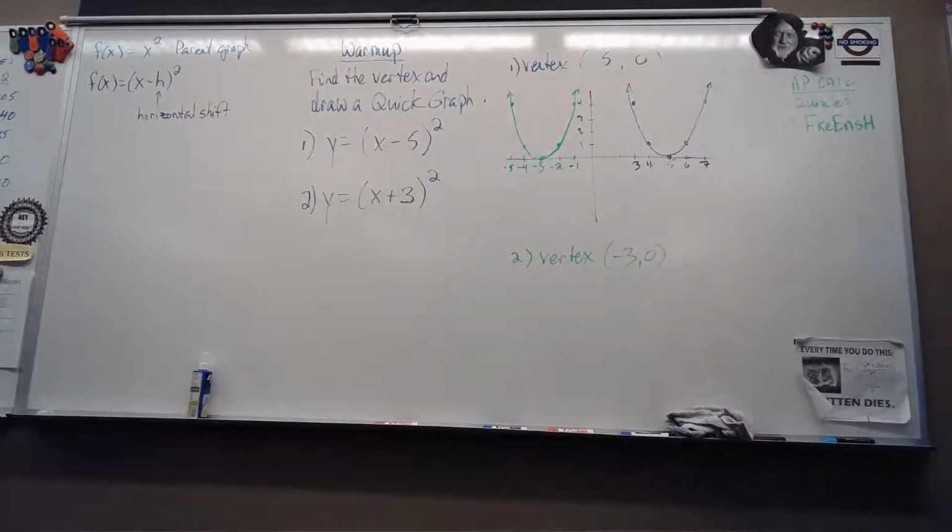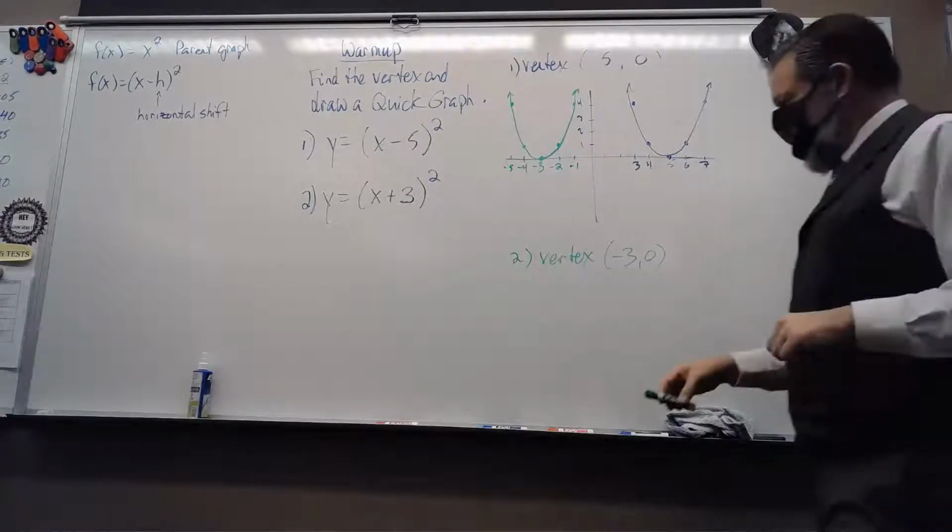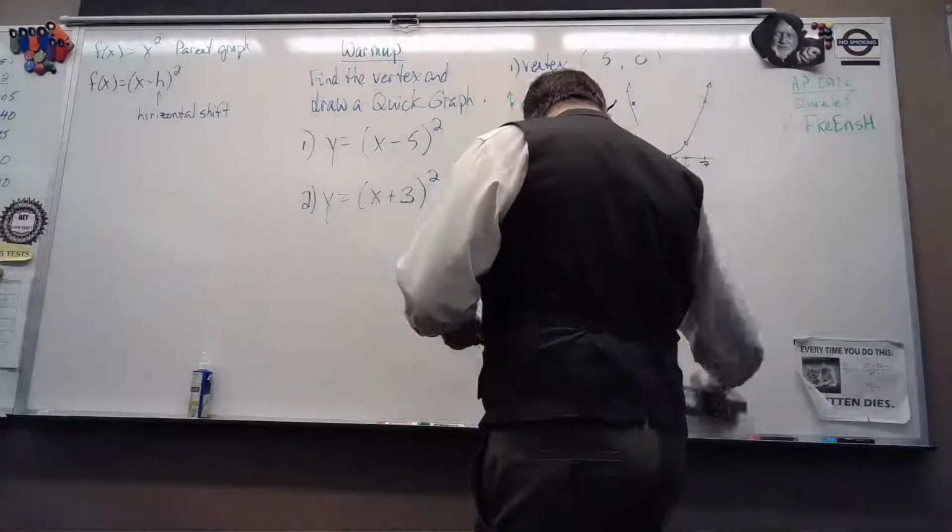Well, if we do it enough times, it'll become automatic, and you won't be sitting at home thinking, there was that thing he mentioned one time called quick graph, but I don't know what to do now. You'll just be like, oh yeah, because we do it all the time. Boom. Nice. Good warm up.